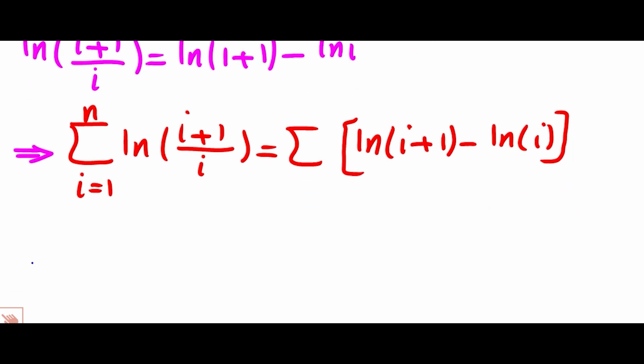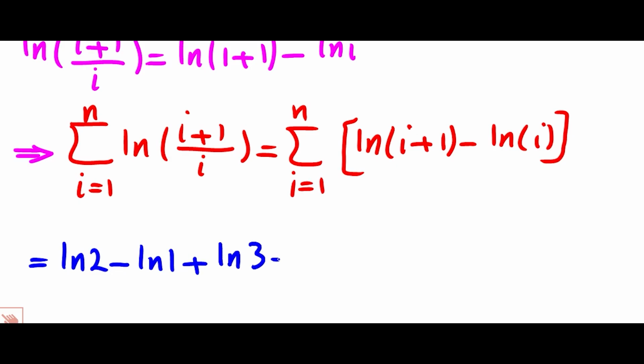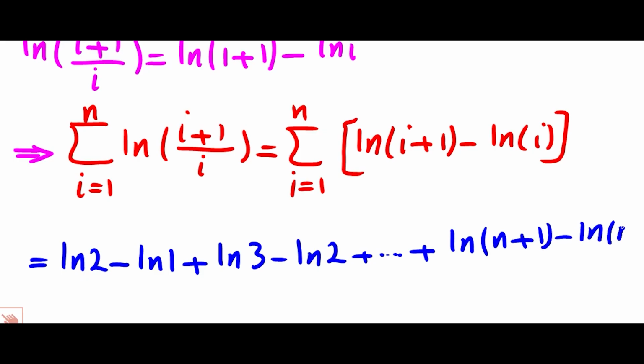Now expand, from i equals 1 to n. When i equals 1, we have ln of 2 minus ln of 1, plus when i equals 2, we have ln of 3 minus ln of 2. And when i equals n, we have ln of (n+1) minus ln of n, right?